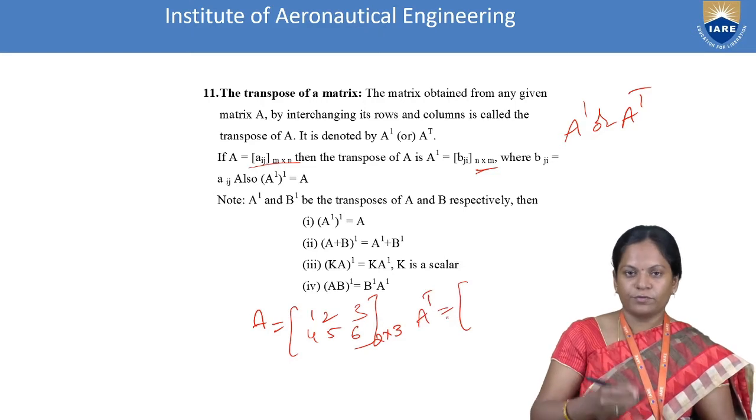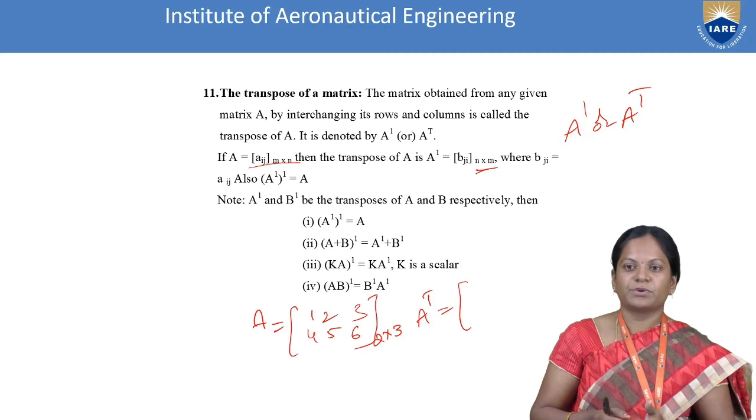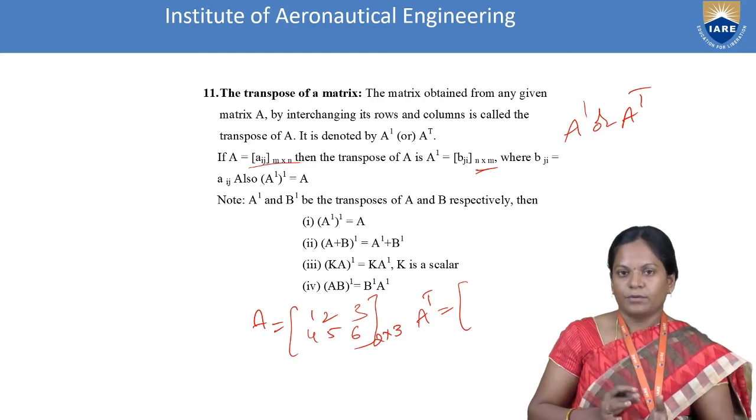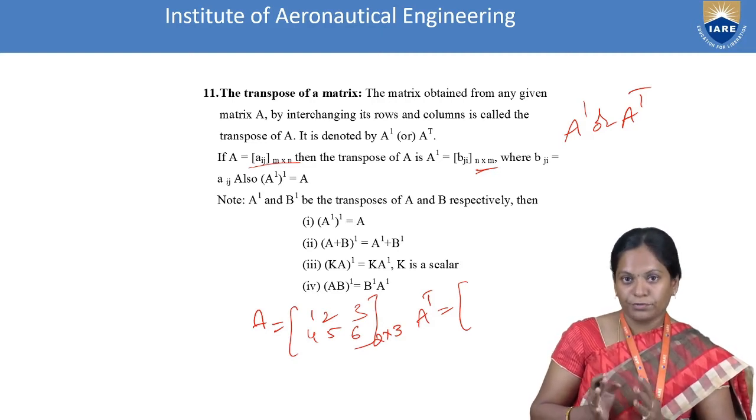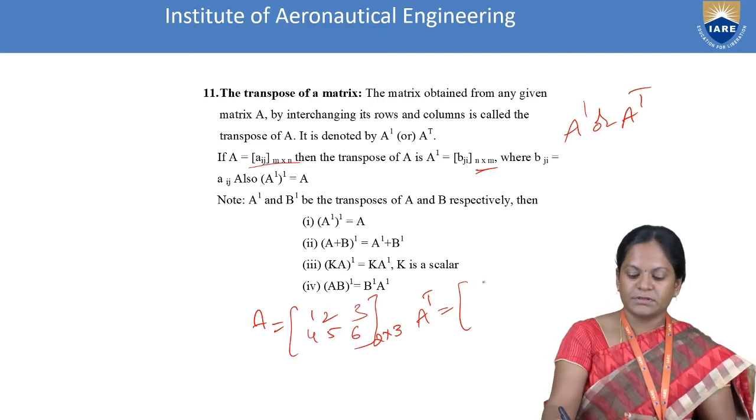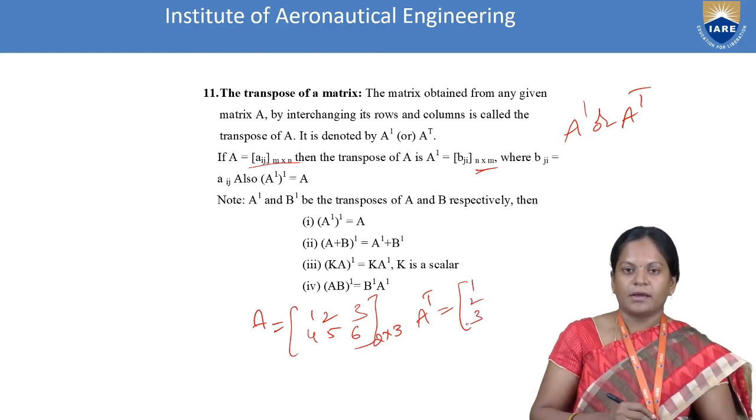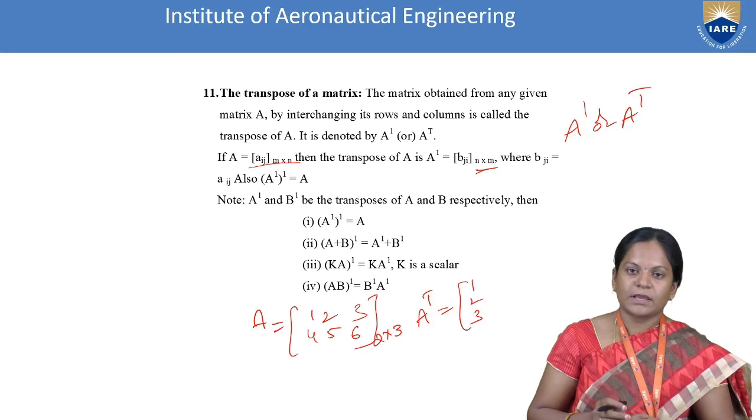The first row changes into the first column, the second row changes into the second column. What is the first row here? 1, 2, 3. Now take that 1, 2, 3 into the first column. The first row becomes the first column, 1, 2, 3, and go for the second row. What is the second row here? 4, 5, 6. Change 4, 5, 6 into the second column.